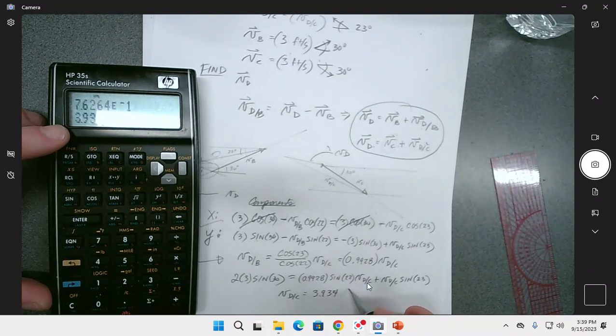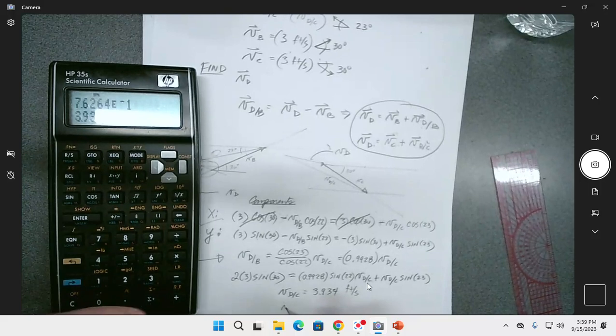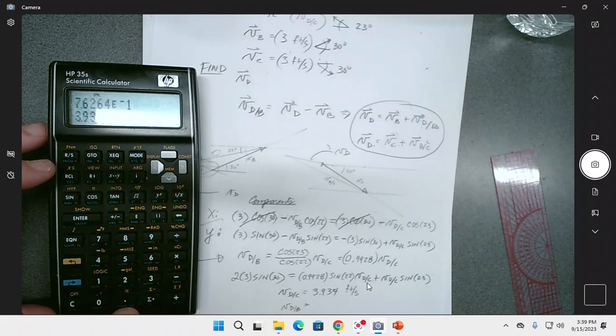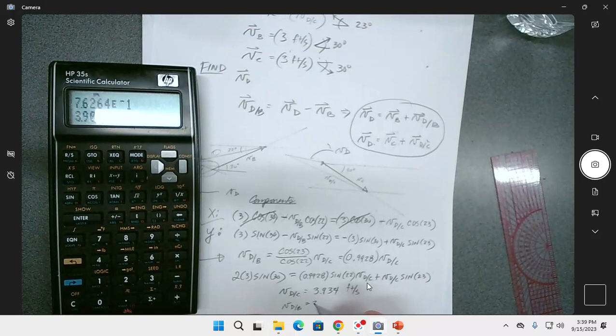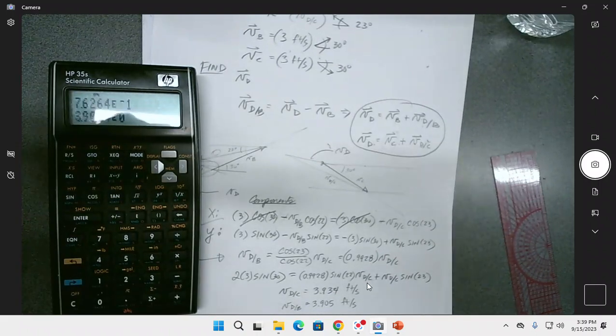What are these? Feet per second. And therefore, D with respect to B, its magnitude is going to be 0.9928 times it. So that's going to be 3.905. We've got to be careful with our sig figs here. Those numbers are pretty damn close to each other.